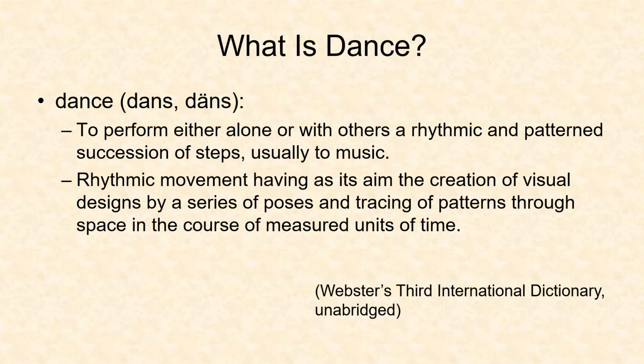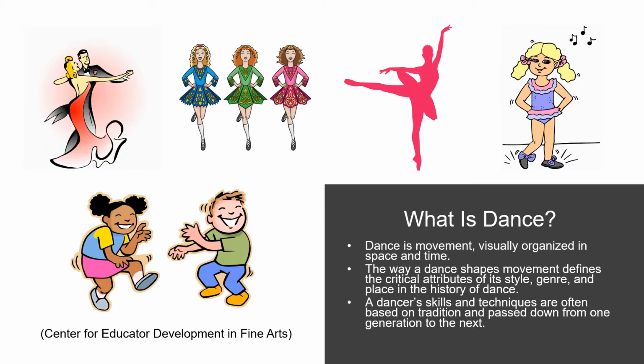As a noun, dance refers to rhythmic movement, and its aim is the creation of visual designs by a series of poses and tracing patterns through space over time. I think they're so colorful. What great descriptions of the movement we call dance. Just as we described and defined music as sound organized in time, we could do the same with dance.